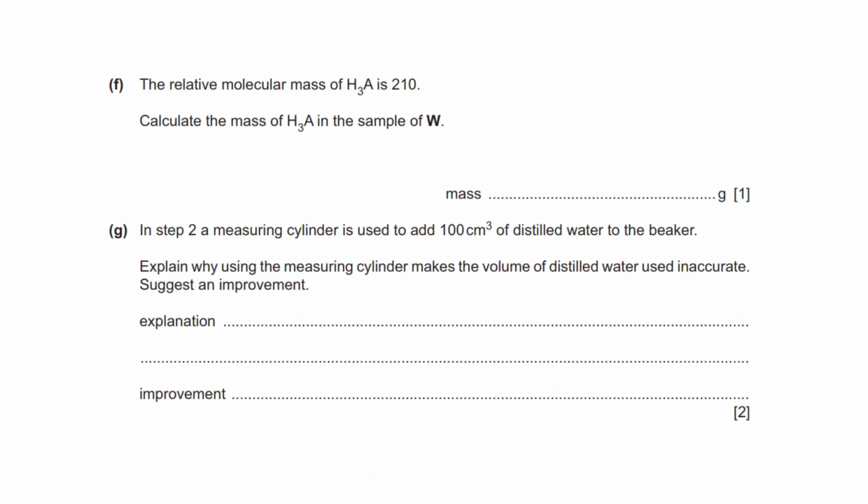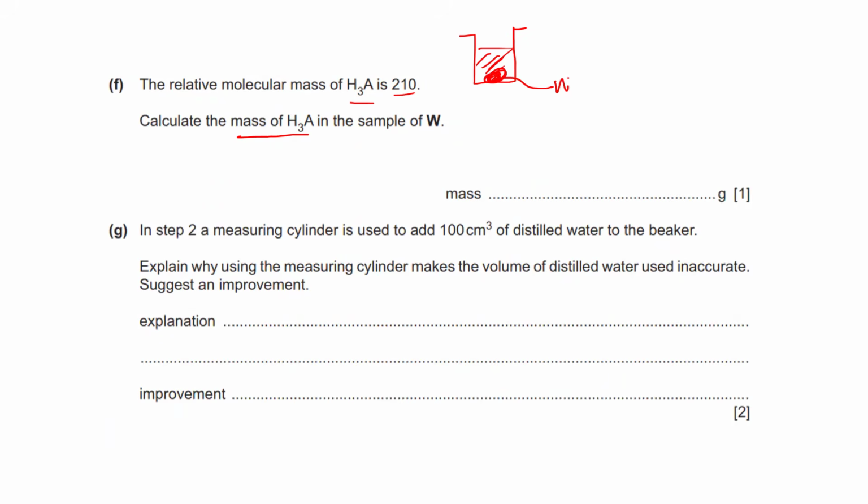Okay, so moving ahead, it says part F, the relative molecular mass of H3A is 210. Calculate the mass of H3A in the sample of W. So now remember, we have this whole sample.